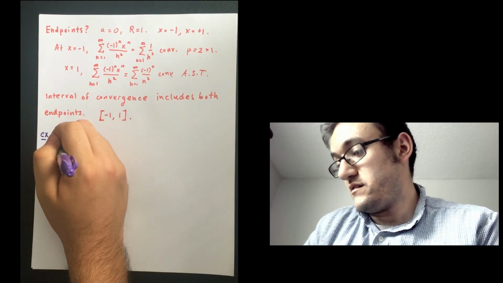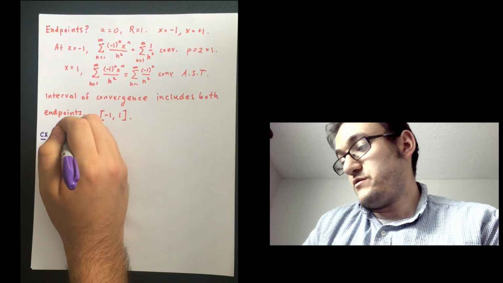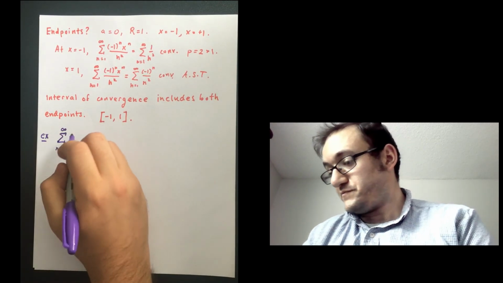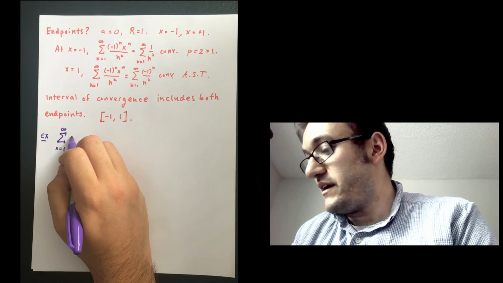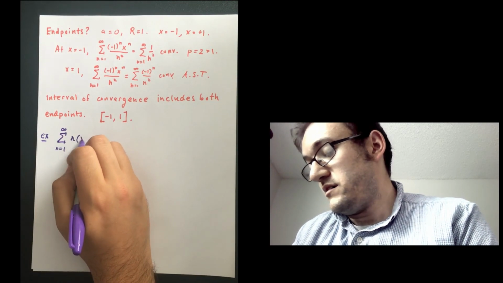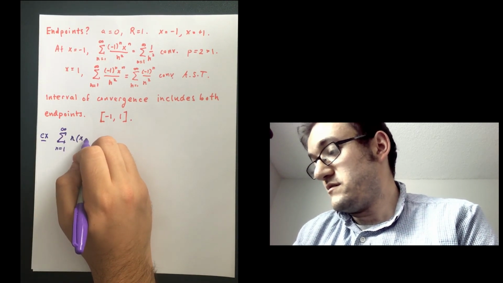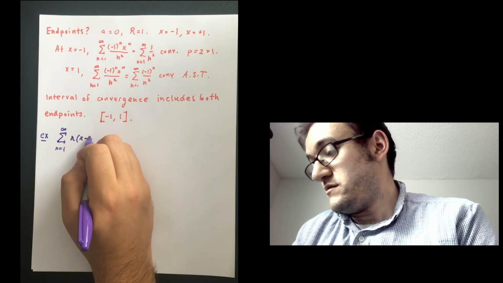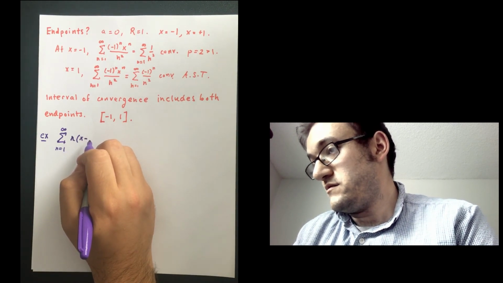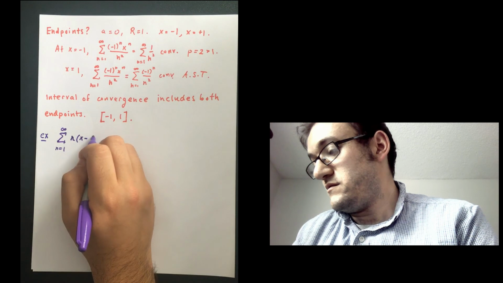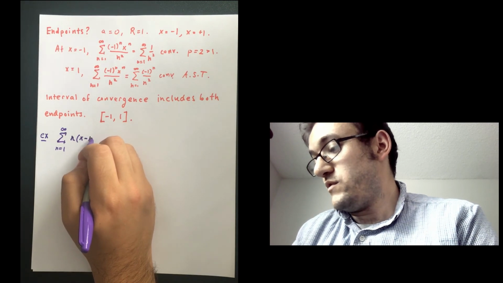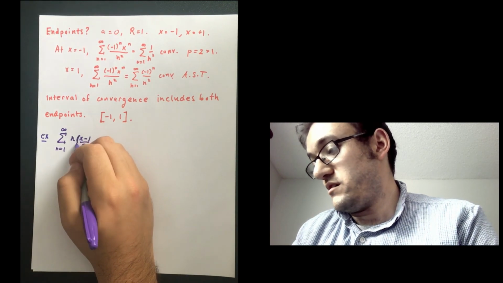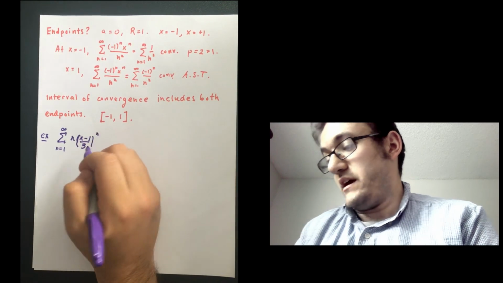We're going to take the sum from n equals 1 to infinity of n times x minus 1 over 3 to the n.